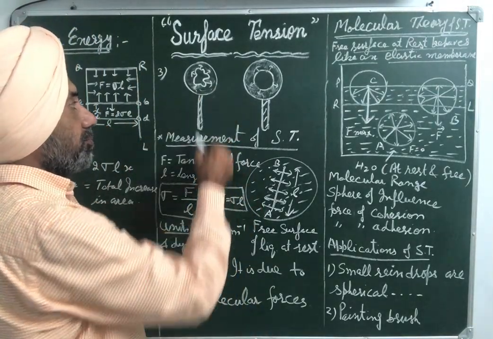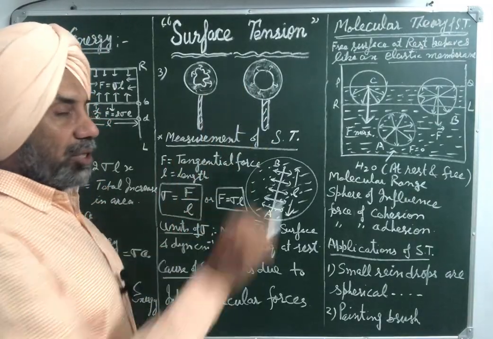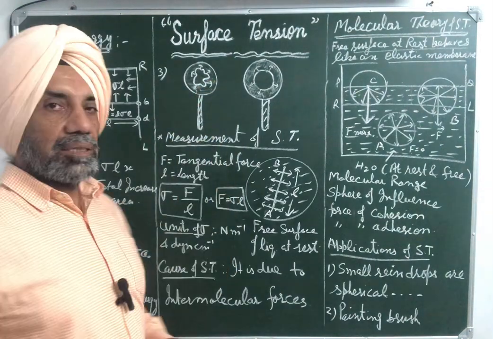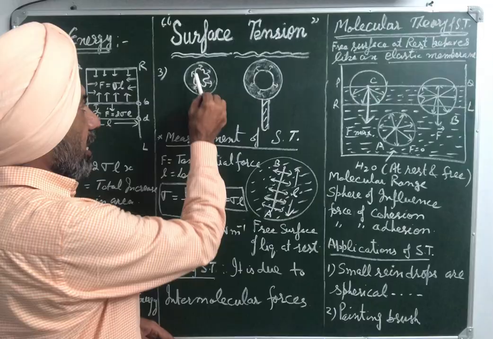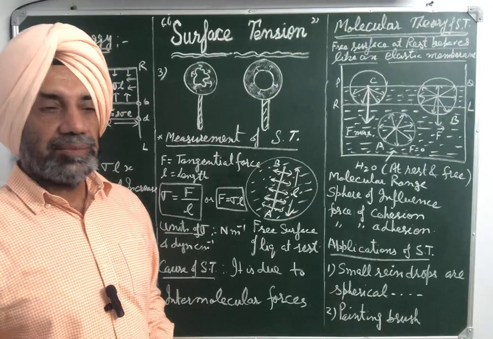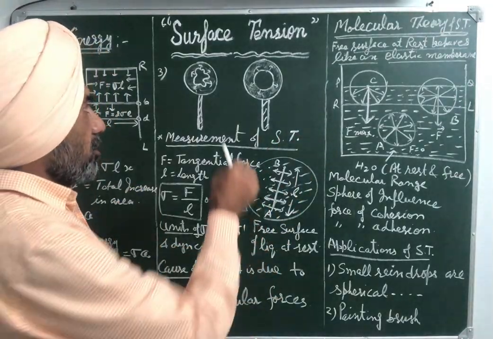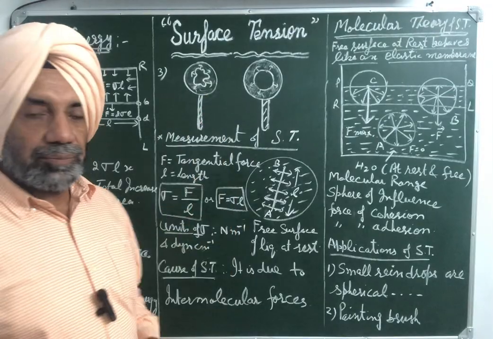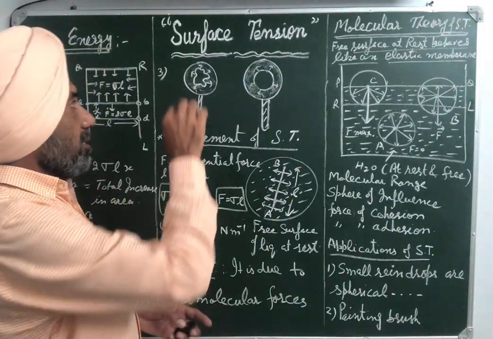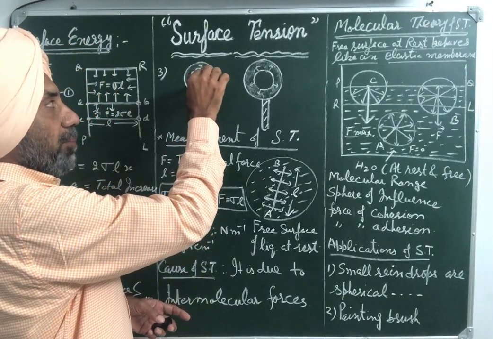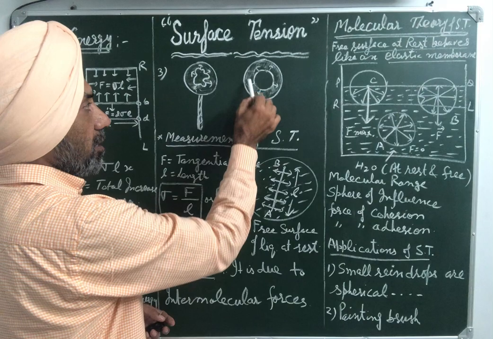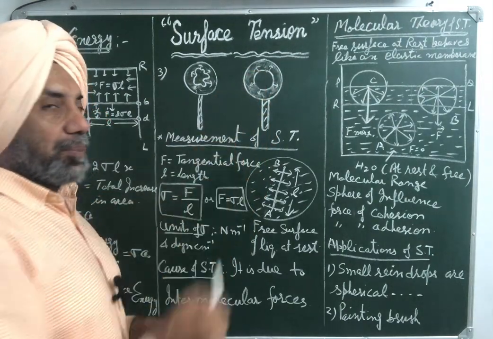Third example, you can take a practical example. Take a wire frame with a handle, dip it into soap solution, so a soap film is formed on this circular surface. Then take a wet thread and put the wet thread in any closed shape. Then there is molecule-molecule attraction. Then take a hot needle and remove the film from inside this loop. You will see this wet thread acquires a circular shape.